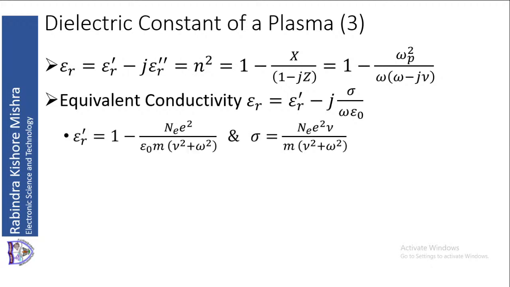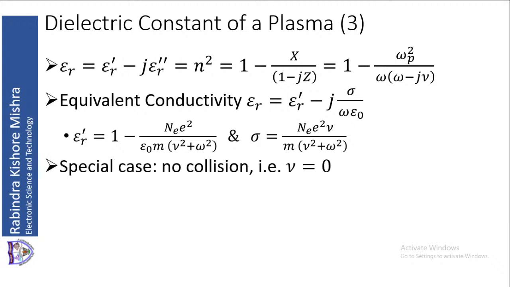Epsilon r dash will be 1 minus Ne into E square divided by epsilon 0 m into nu square plus omega square, and sigma will be Ne into E square into nu divided by m into nu square plus omega square. So epsilon r dash and sigma values we have got for the plasma medium.